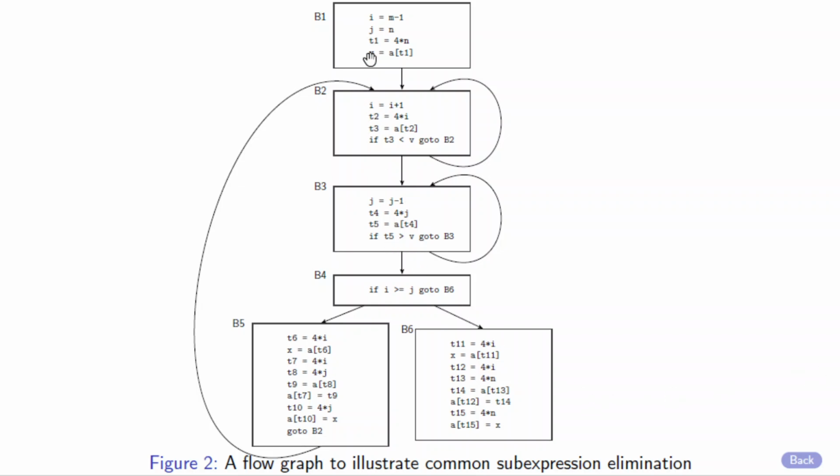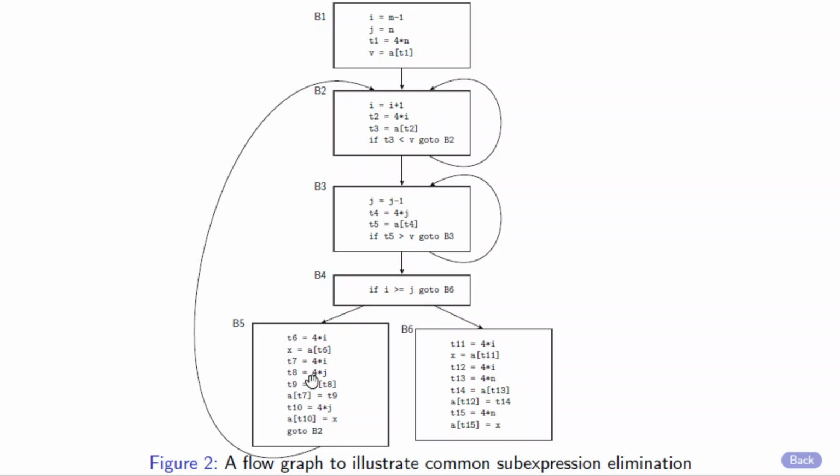This flow graph will be used for our discussions throughout. This will serve as a running example. For discussing the local common subexpression elimination, let us concentrate on the block B5. So if you look at the block B5, you find that T6 and T7 both compute the same expression 4 star i.